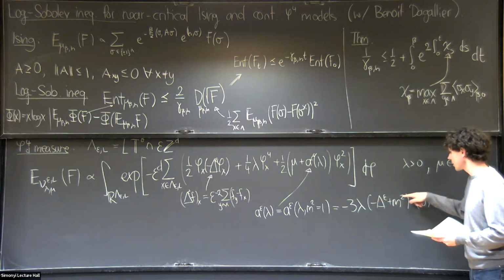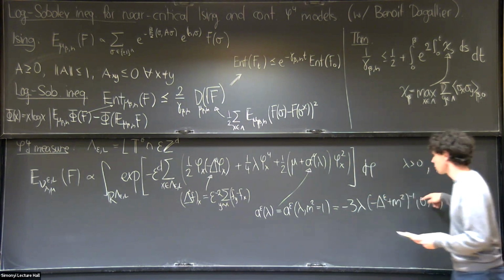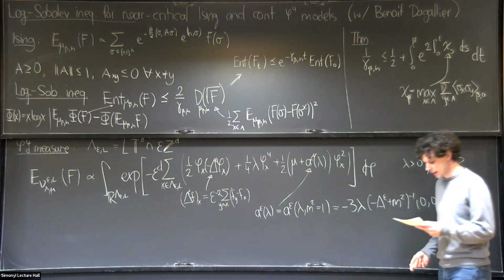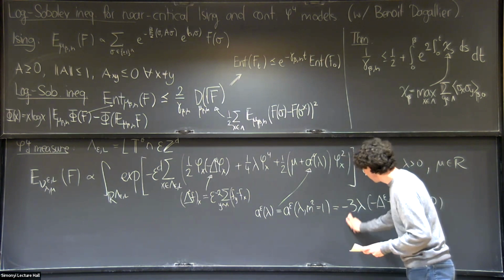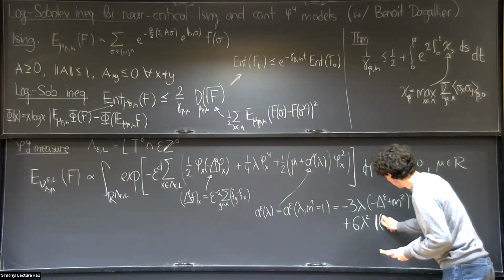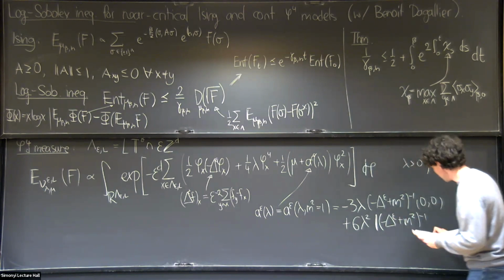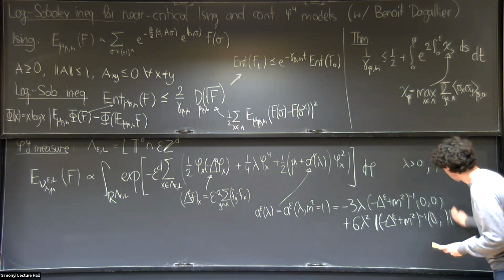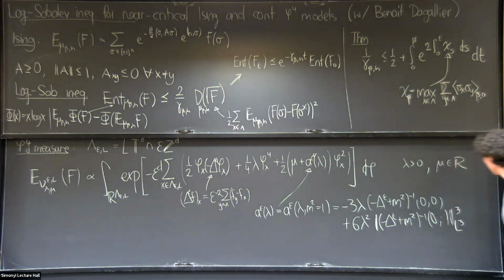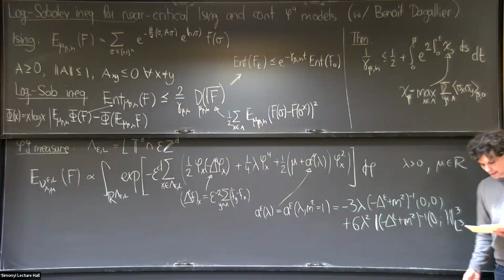So say in 2 dimensions, this would blow up logarithmically in epsilon. In 3 dimensions, this would blow up like 1 over epsilon. And in 2 dimensions, this is enough. And in 3 dimensions, you need to add a second term, which is the L3 norm of the Green's function cubed. And this is bounded in 2 dimensions, but blows up logarithmically in 3 dimensions.